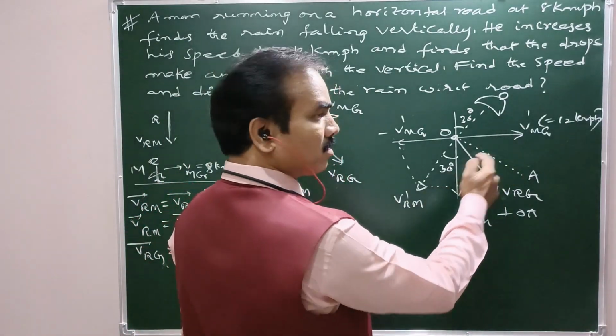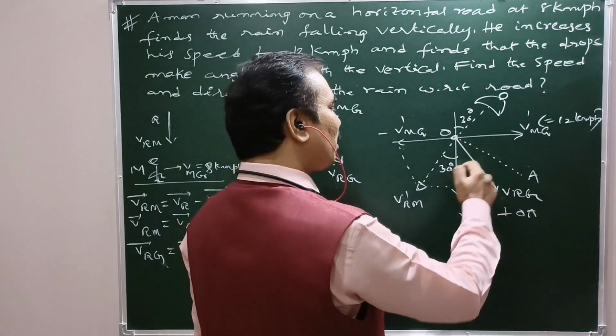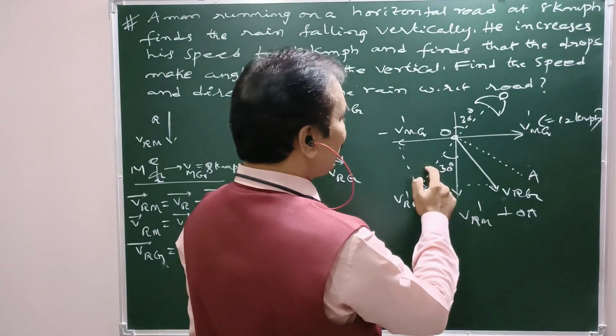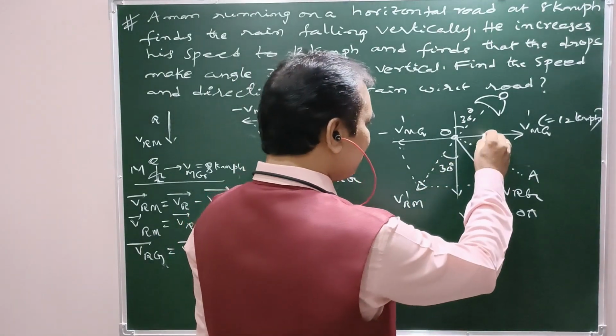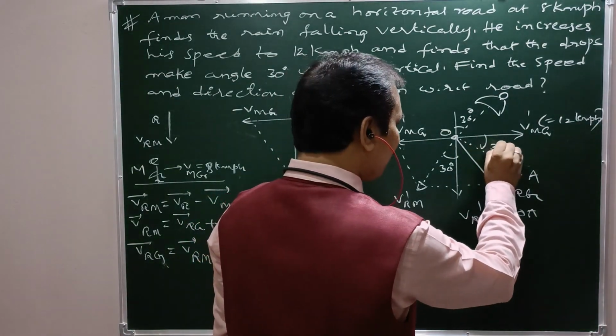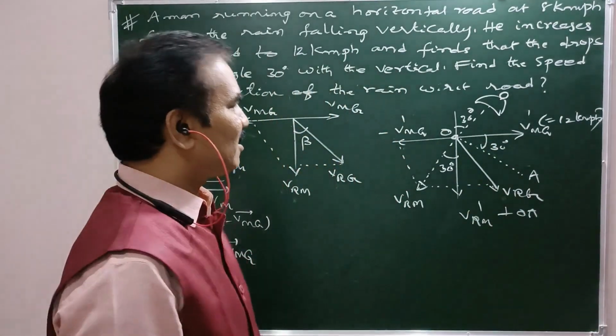These two are mutually perpendicular, am I right? Now, if this is 30 degrees, this must also be 30 degrees.